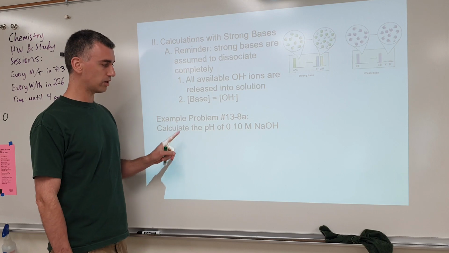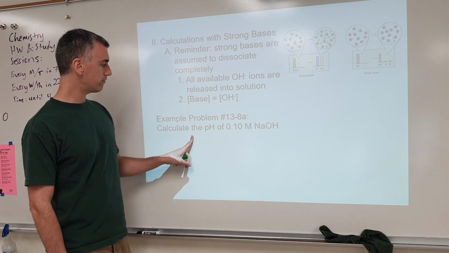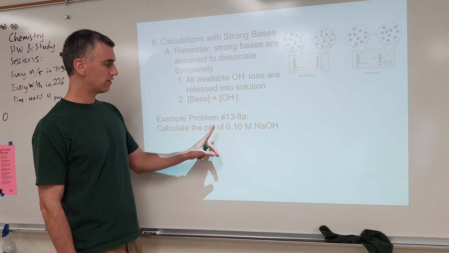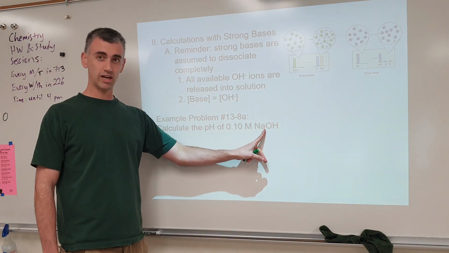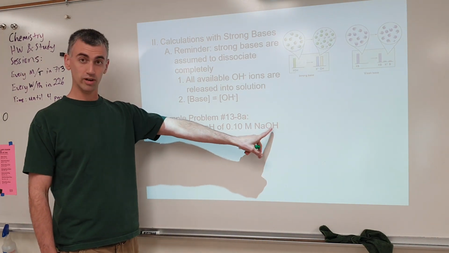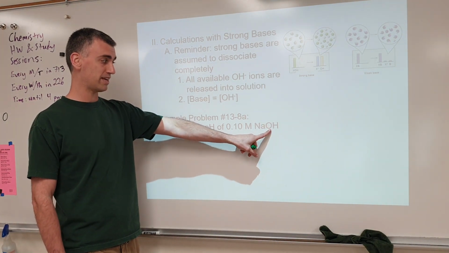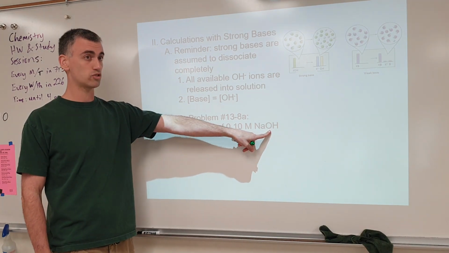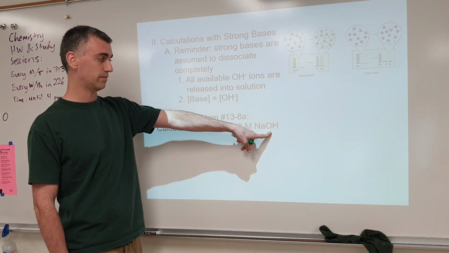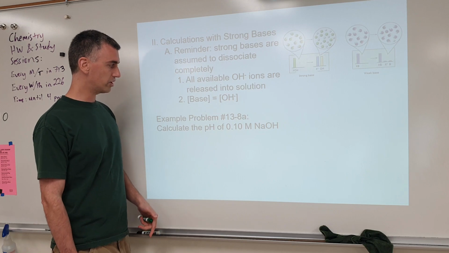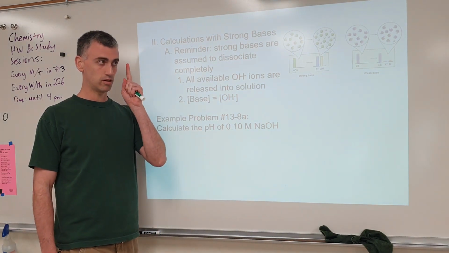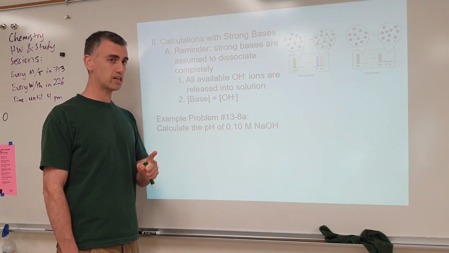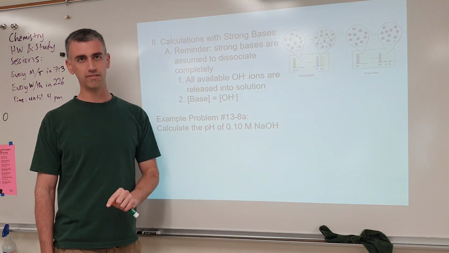Here's a relatively simple example. What if we're asking for the pH of 0.10 molar sodium hydroxide? We're giving you a hydroxide, which you should recognize is not only a base, but a strong base, because all hydroxides are assumed to be strong bases at this level of the course. What you have to do is avoid a common mistake. In the past, people take the negative log of this and think they have the answer.